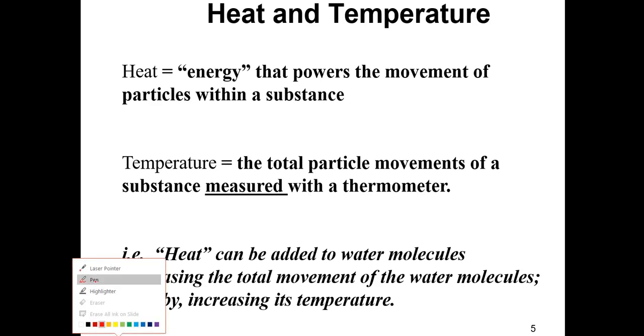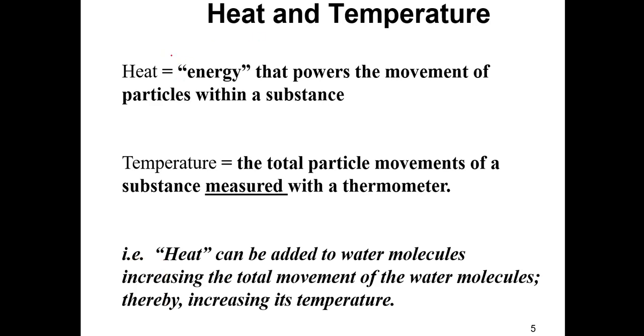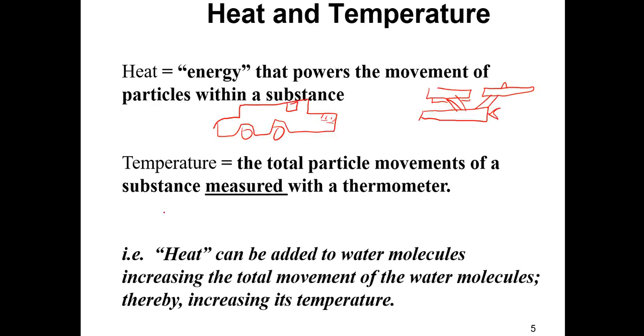Other definitions. To explain these definitions, I drew two pictures. In short, temperature is movement. So picture a car and it's moving. So there's the wind as the car is moving. I drew a Humvee when I meant to draw a car.